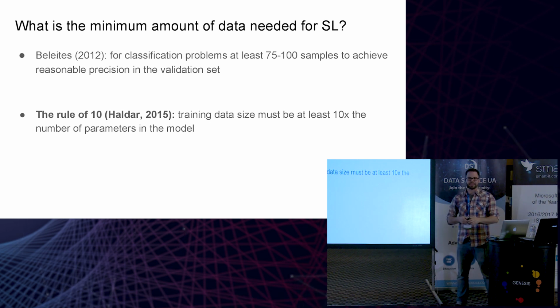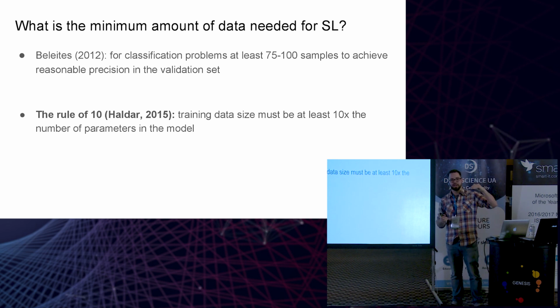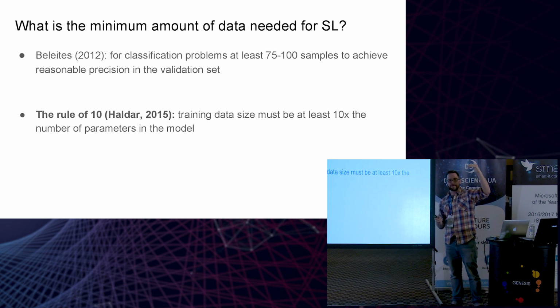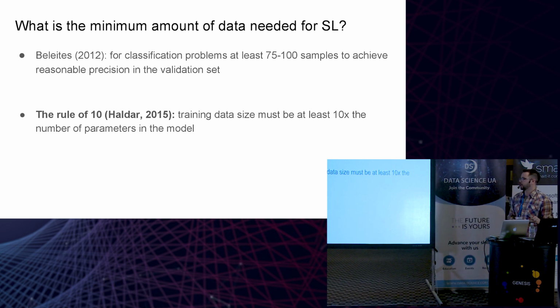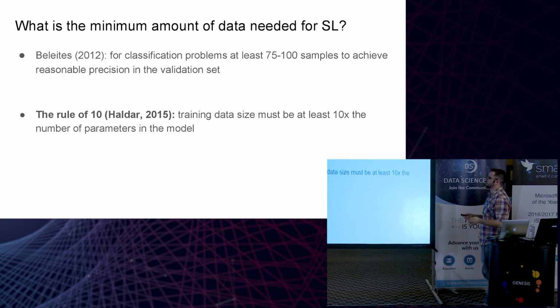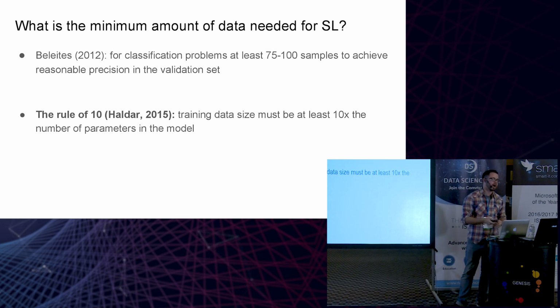What reference do we have in academia, in papers? Is there any estimate saying from this point you can predict and from this point you cannot? To be honest, there's no such thing. The closest I found are some papers that say, for example, to get reasonable precision on the validation test, you must have at least 75 to 100 instances.